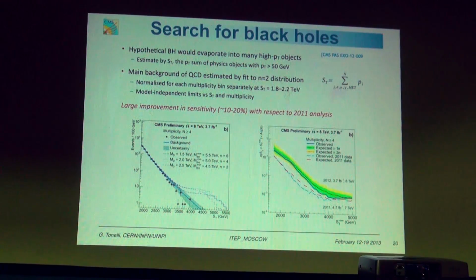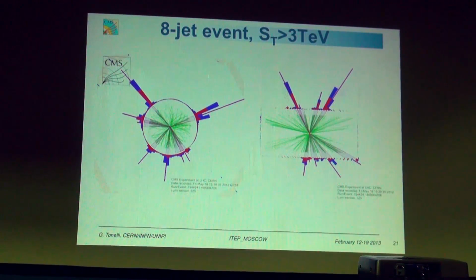This is another interesting search because, in principle, we could reach dimensions in which gravity could become very strong. We could produce microscopic black holes at LHC, and this could be an appearance of this kind of events. They appear quite democratic. There is a lot of energy. We call the sum of all the objects in terms of transverse energy, the energy carried by leptons, by photons, all together, to give you an idea of the energy of the object eventually produced.